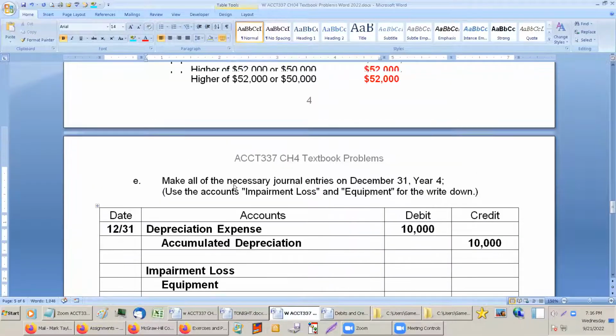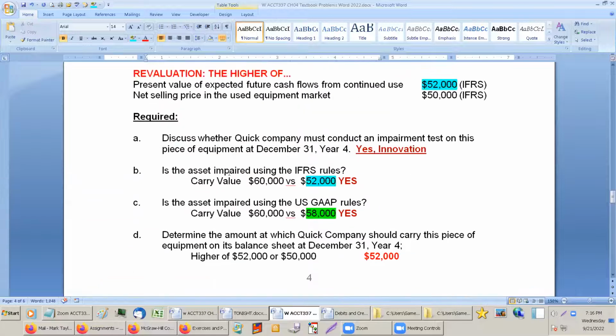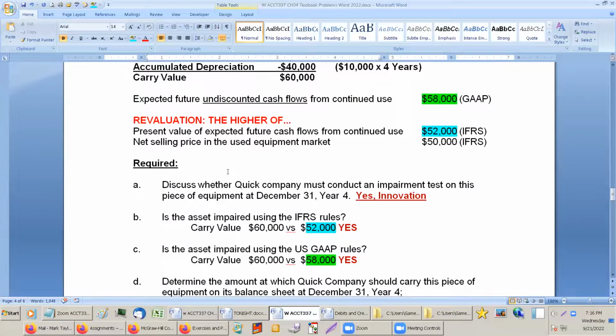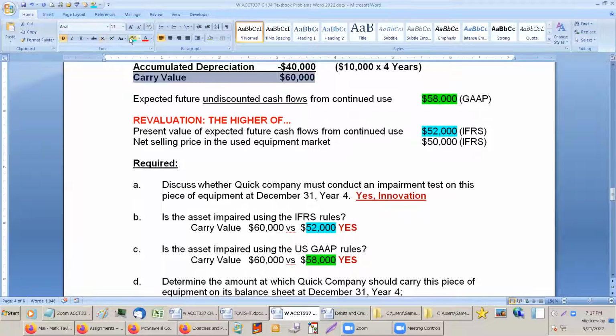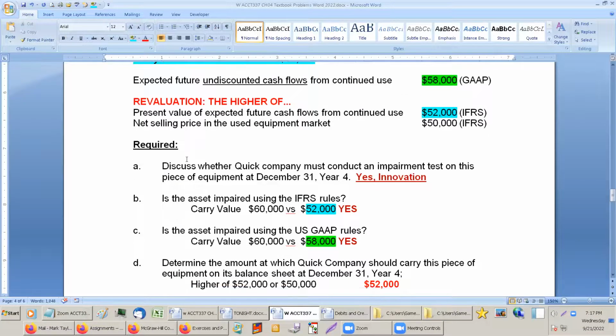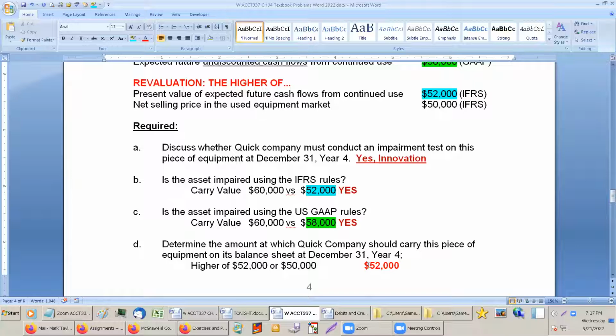So how much did they lose? The carry value is 60,000. So how much did they lose on this?